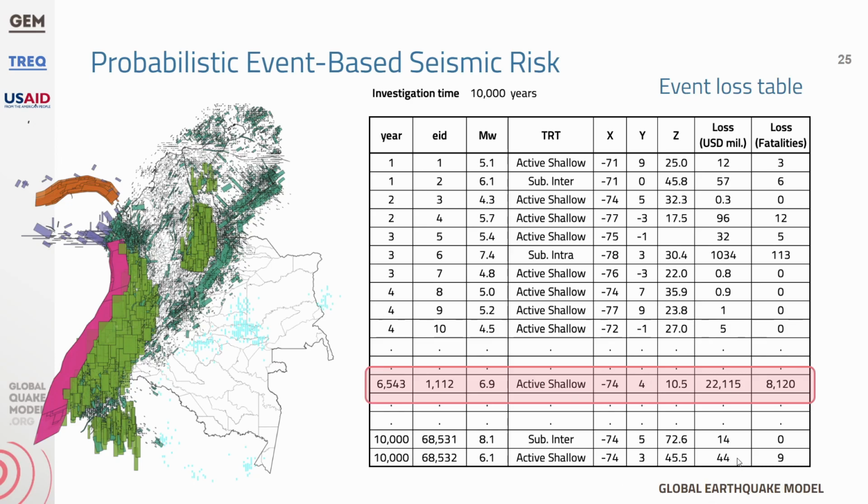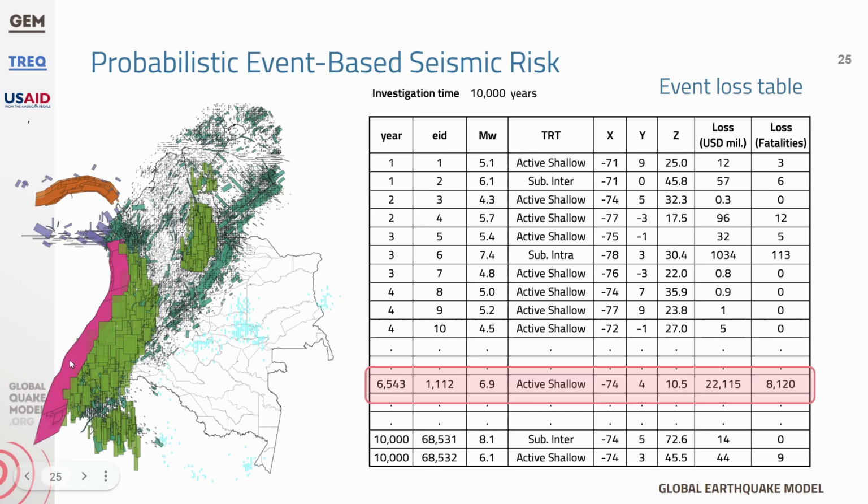And finally, also important to say is that the event loss table will only report events that were capable of generating a minimum loss threshold. So for example, an event of magnitude 7 in the subduction zone in the Pacific coast that, let's say, occurs at a 100-kilometer depth.